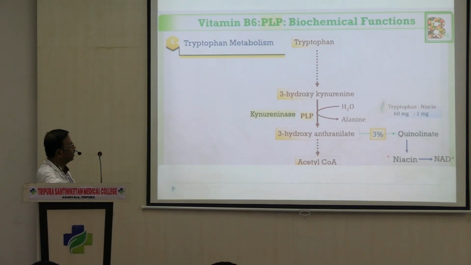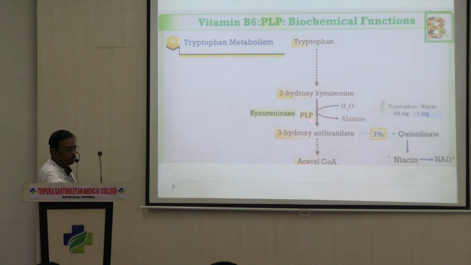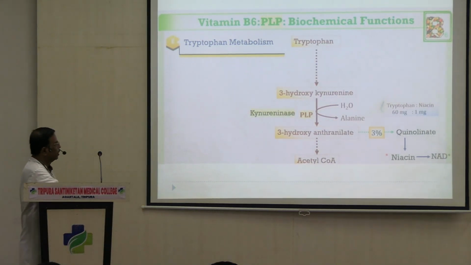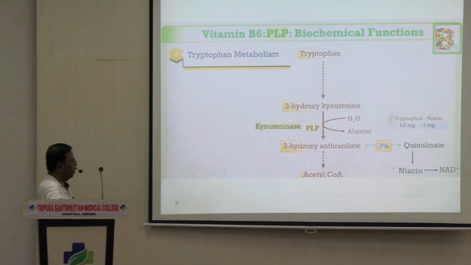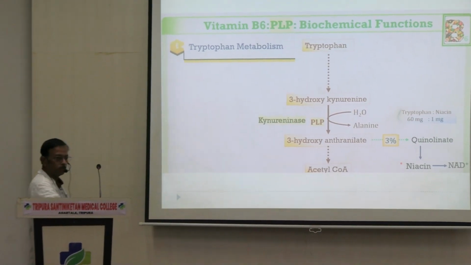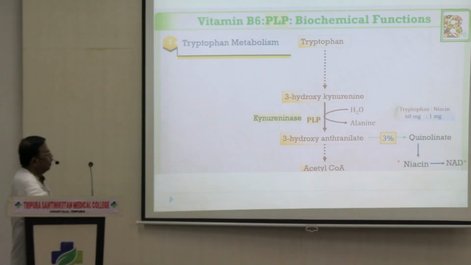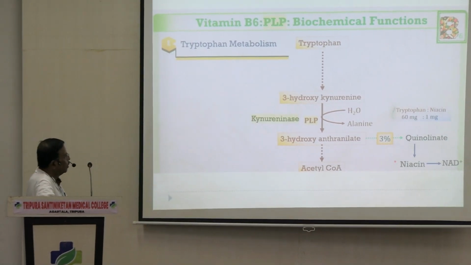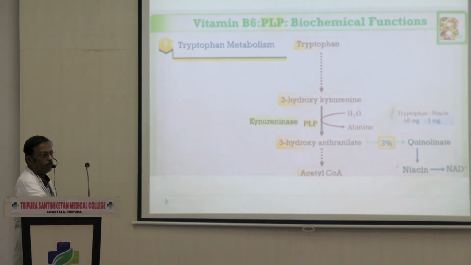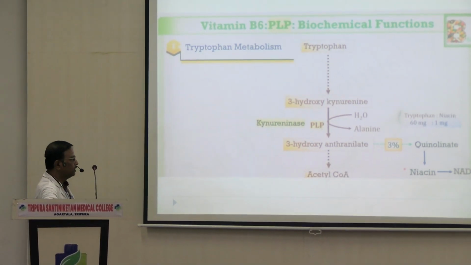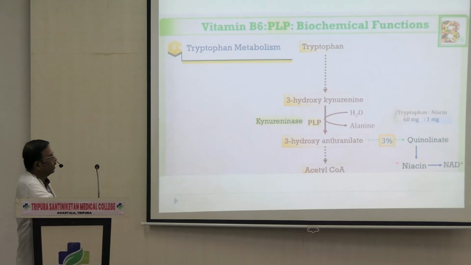So we are interested in where PLP is catalyzing the reaction. This is the enzyme which is PLP dependent. So when PLP is deficient, there will be hampering of synthesis of niacin from tryptophan.